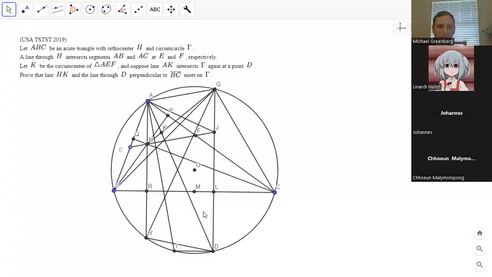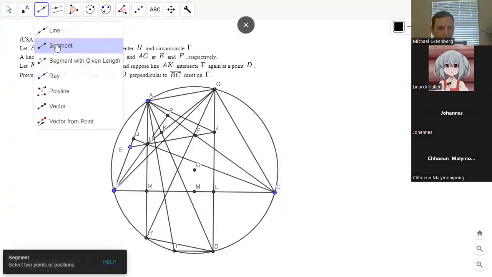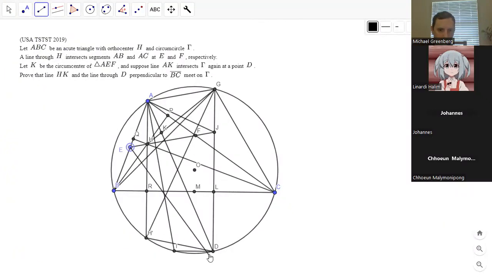But yeah, basically we'd have angle AFE is angle DFC, right? And angle AEF is DB. So maybe I could draw those in. So K is the circumcenter.